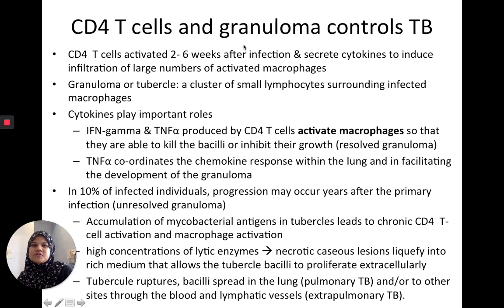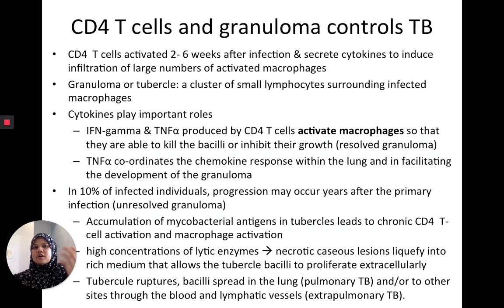So once you've got a lot of these macrophages that have been activated and contain the bacilli, the CD4 T cells get activated, and they start secreting cytokines to call in more activated macrophages, and they'll start clustering around the infected macrophages.